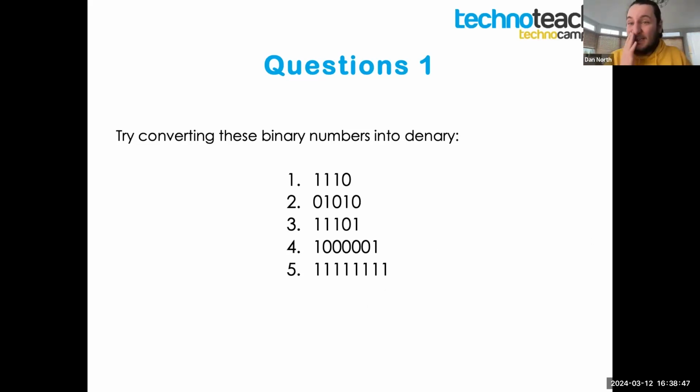And interestingly, with number systems, I'm getting way off topic now. But there are many cultures in the world who didn't use denary, didn't use decimal. That was a very Western European thing that evolved, using decimal.